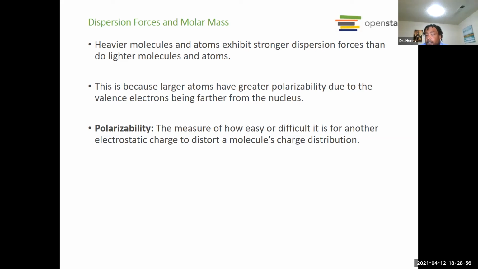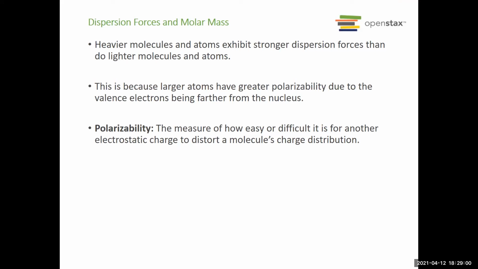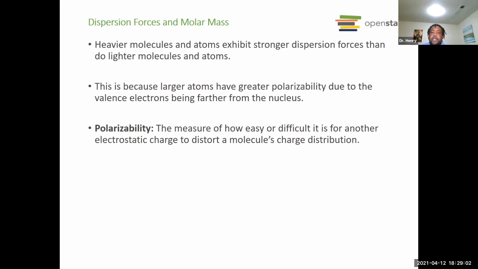That's because heavier molecules have a lot more electrons to work with, to shift around and get induced. The ones that are nice and lean only have a little bit, so they're going to be induced and gone just like that.